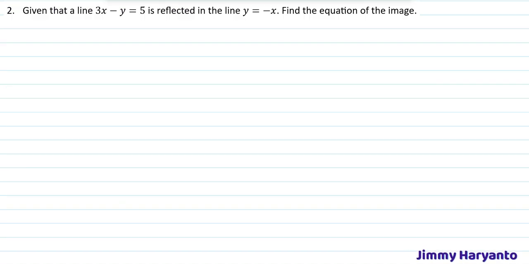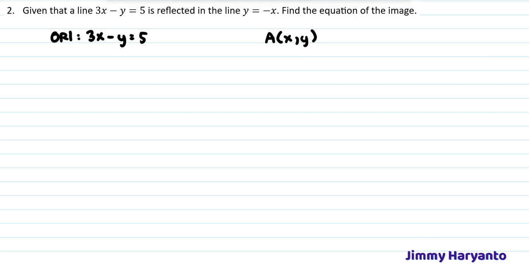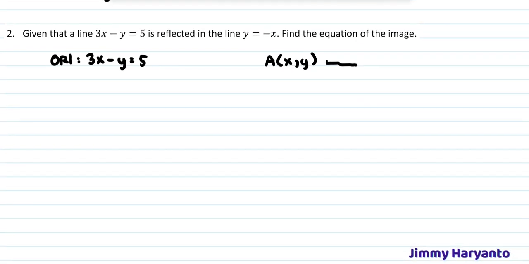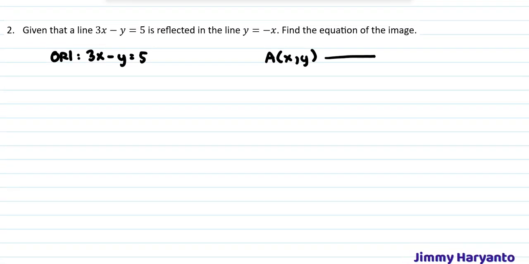Okay, let's try another example question. So the original line is 3x minus y equals to 5, and then it says it's reflected in the line y equals to negative x. The formula for y equals to negative x is, let me write it, A prime open bracket negative y comma negative x.